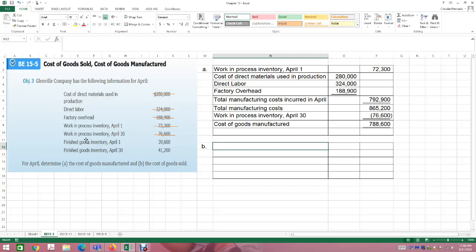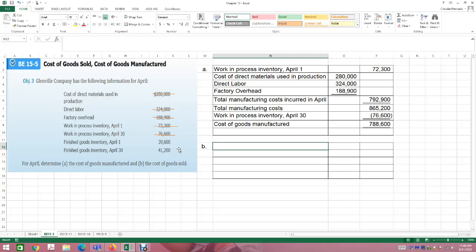If you notice here, we have finished goods inventory at the beginning of the month of $39,600. What that means is these are goods that are in our warehouse, they're done, and they're ready to be shipped out and sold. They have not been sold yet, they're sitting in our warehouse.